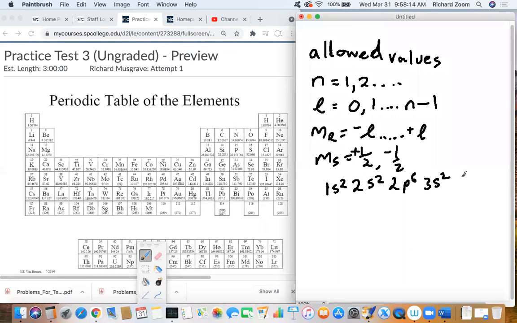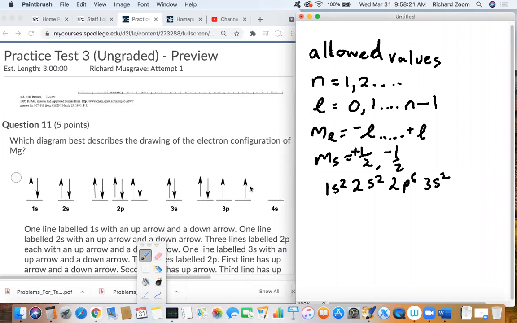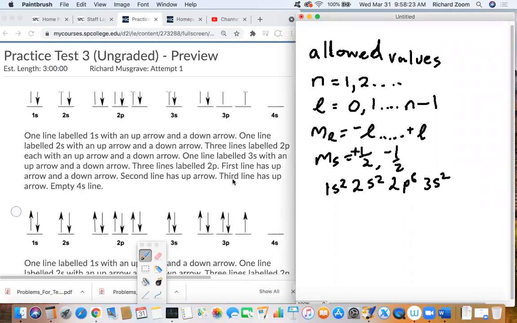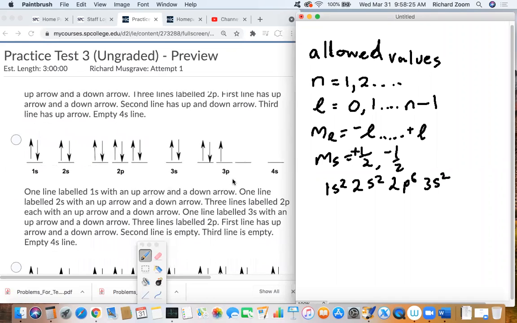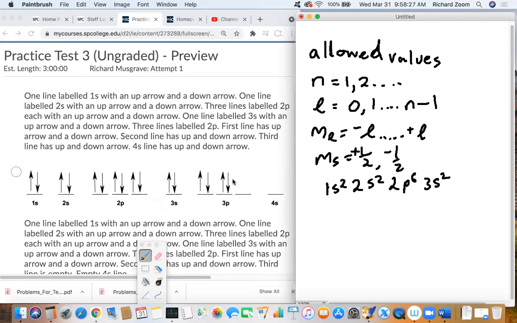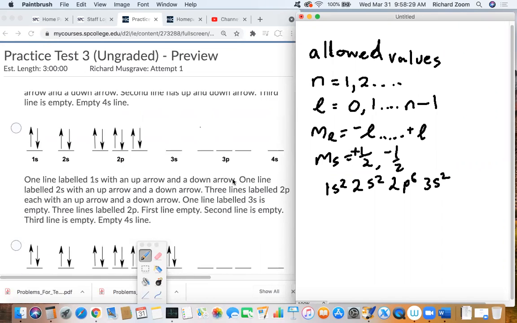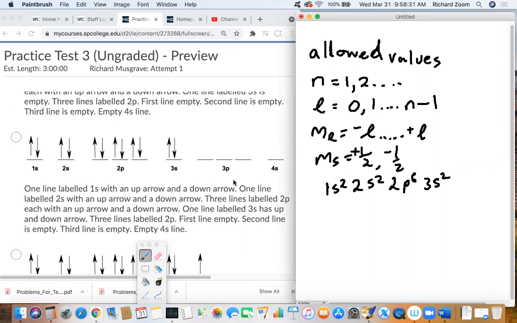That's as far as it would go. 2 plus 2 plus 6 plus 2 is 12. So we know that that's correct. So now I have to find the one that matches that. It isn't that one, it isn't that one, it isn't that one, it isn't that one, it isn't that one. That one looks pretty good. So that would be the answer.